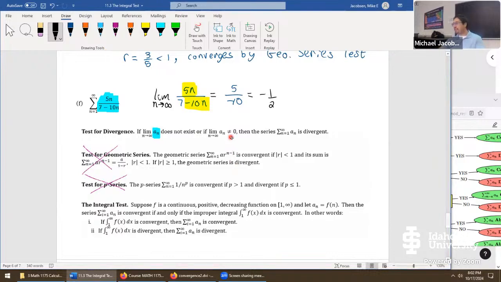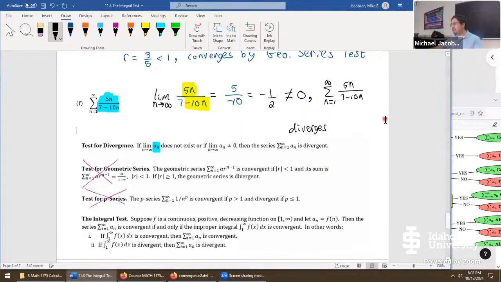So even though it seems silly, I encourage you, write this down on your paper. It's not equal to 0 because it preps you for your expectation. Because it's not 0, this is a reminder that the series, as we go from 1 to infinity, of 5n over 7 minus 10n, diverges.